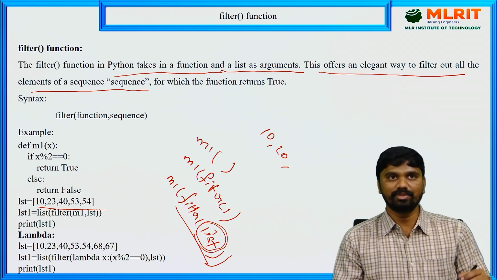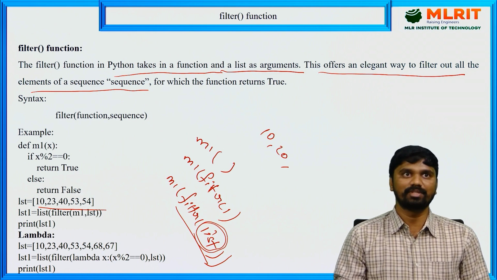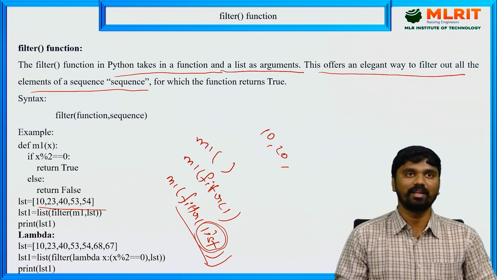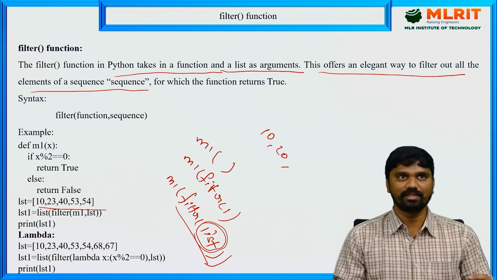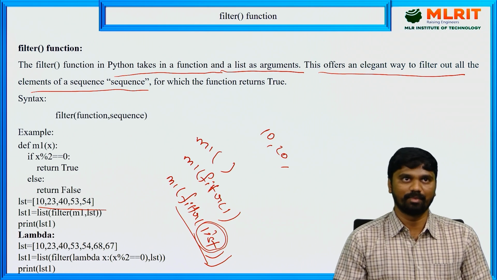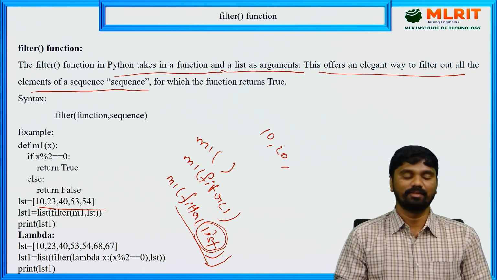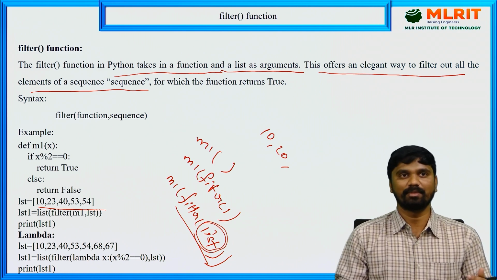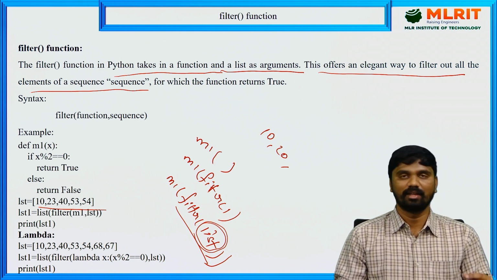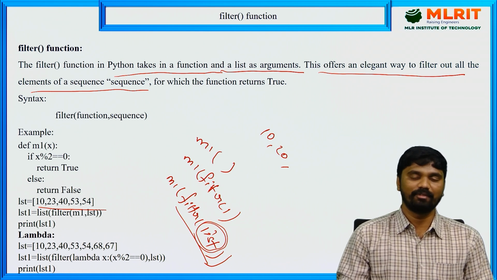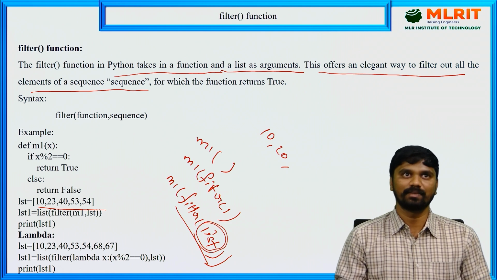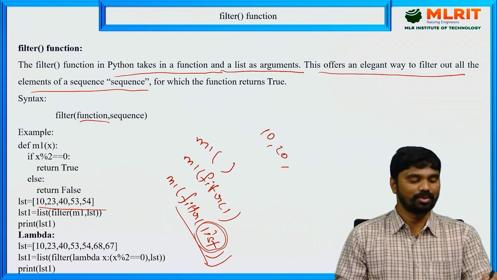By using the filter function we filter the elements, for example which are even numbers, which are odd numbers, or sometimes which are prime numbers, or other filters based on the application requirements. Anyway, the filter function takes two arguments: one is a function and the second is a sequence.